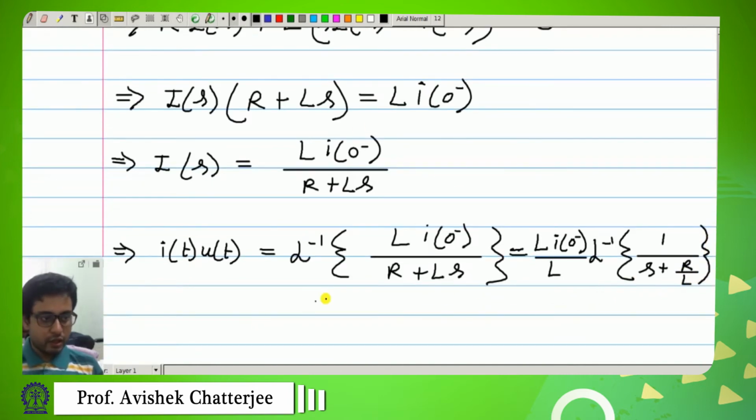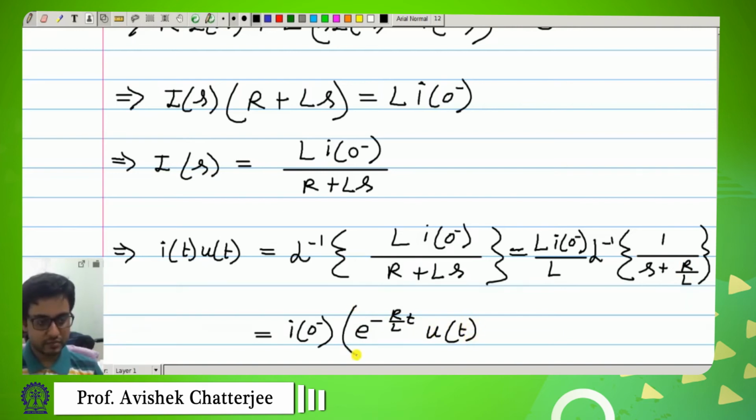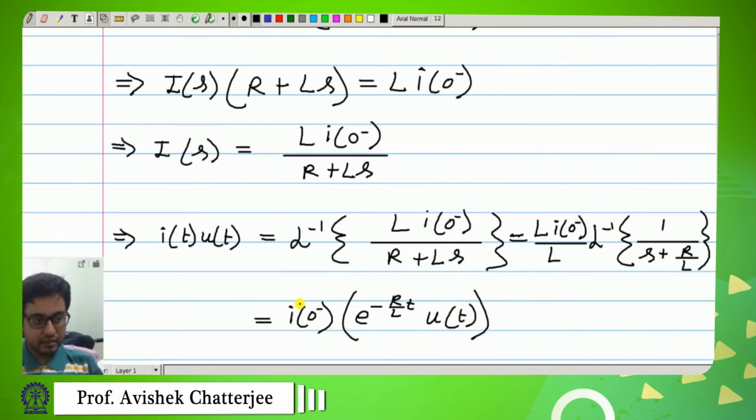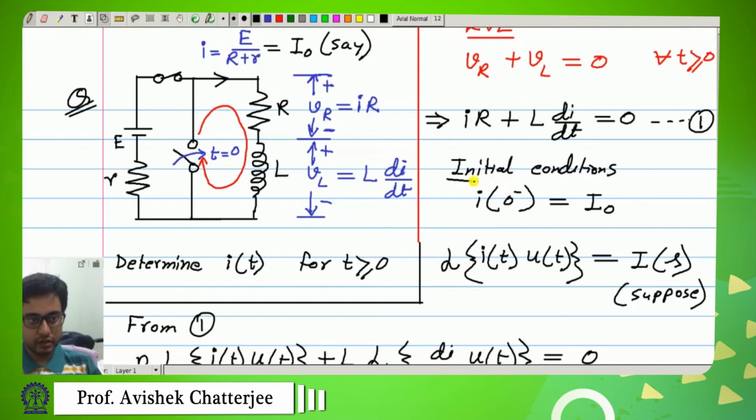So here we have I0 minus, L cancels, and the Laplace inverse of this thing you can readily recognize. This is e to the power minus R by L t multiplied with u(t), and you can now put the value of I0 minus, which is given in our initial condition, that is capital I0, which is capital E by capital R plus small r.